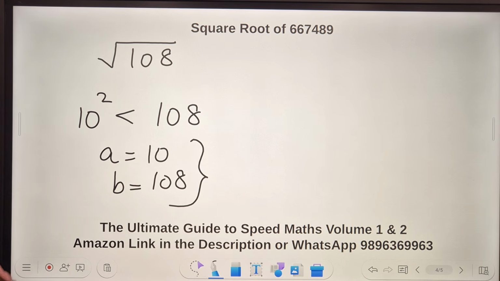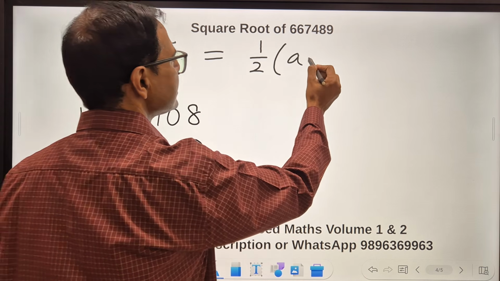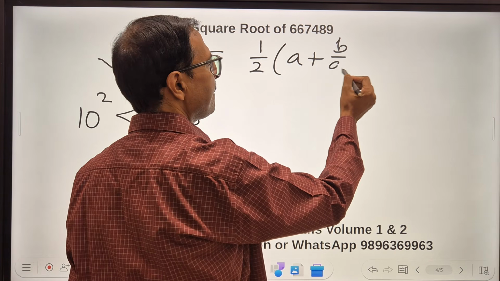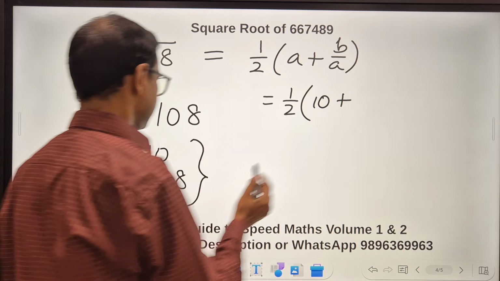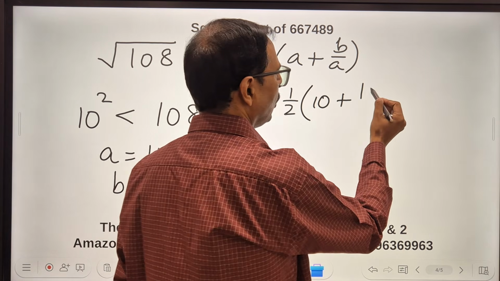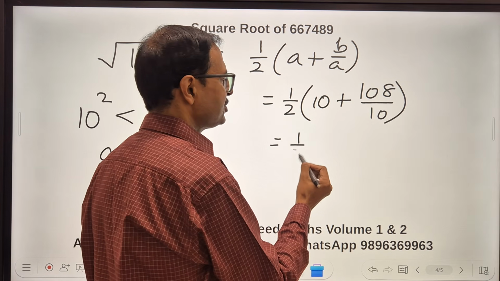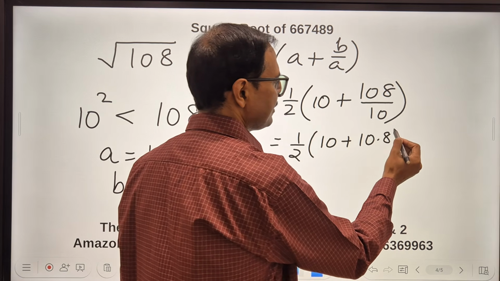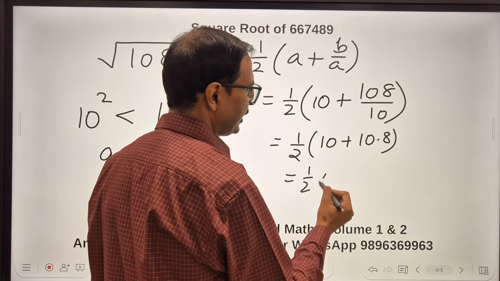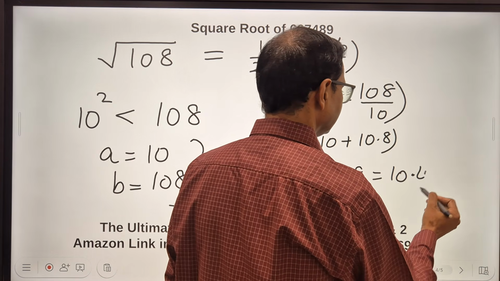Now using these two values, I can find half of A plus B upon A. So that is half of 10 plus 108 over 10. This is pretty easy because division by 10 is not a problem. 10 plus 10.8, which gives me half of 20.8, and that's 10.4.